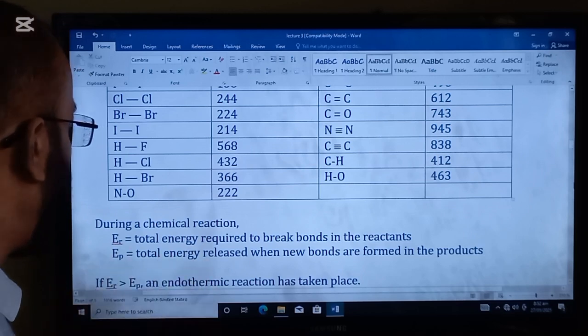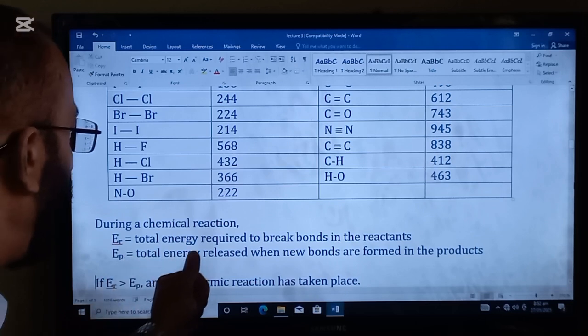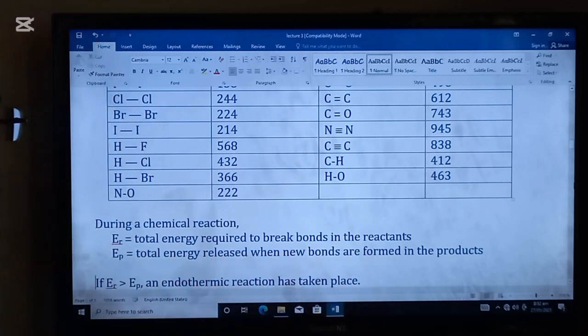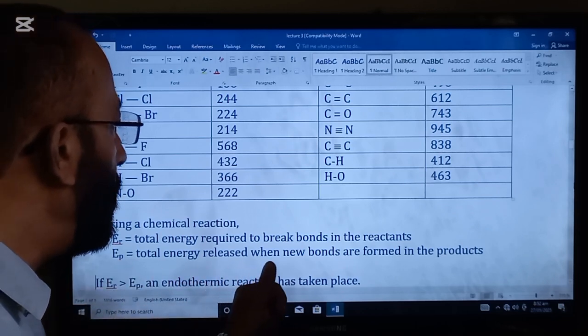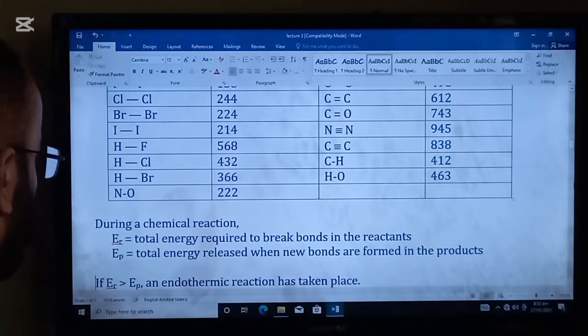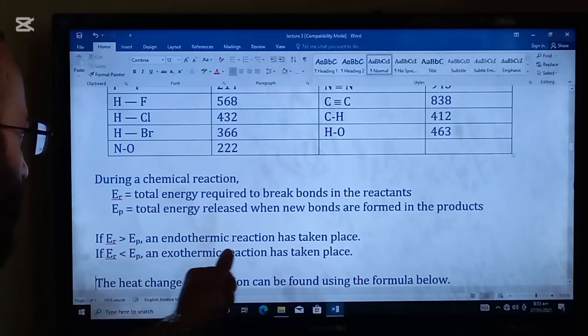During a chemical reaction, ER is the total energy required to break bonds in the reactants. EP is the total energy released when new bonds are formed in the products. If energy required is greater than the energy released, it will be an endothermic reaction.